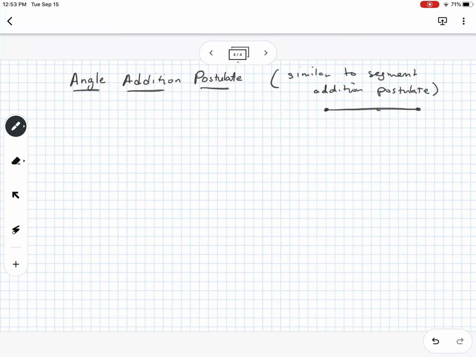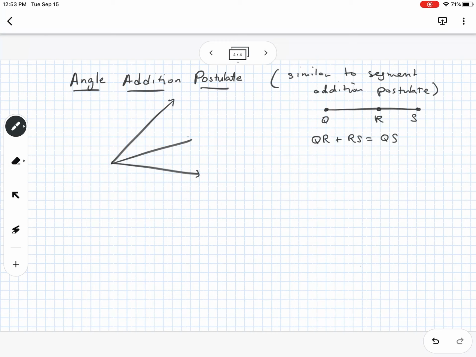So for instance, with the segment addition postulate, if you had points Q, R, and S, one thing we said was that QR plus RS equals QS, right? And that was our segment addition postulate. Well, with the angle addition postulate, it's pretty much the same thing.